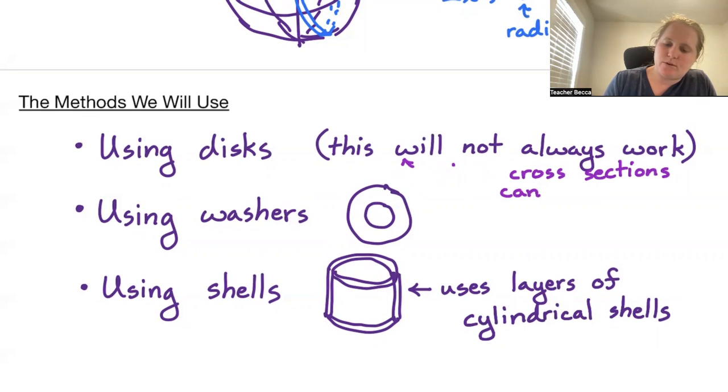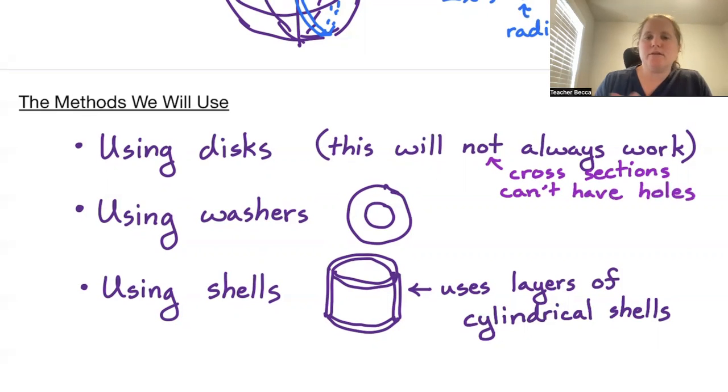They don't have to be vertical. If they do have holes, then that's when washers appear. So in the next videos, we will start off working with discs, and then we will move into washers, and we will end with the method of using shells.